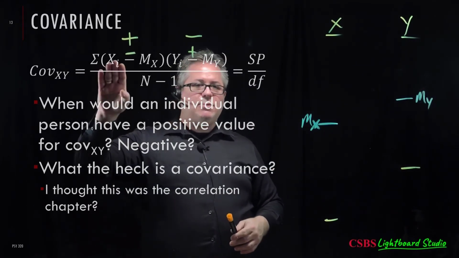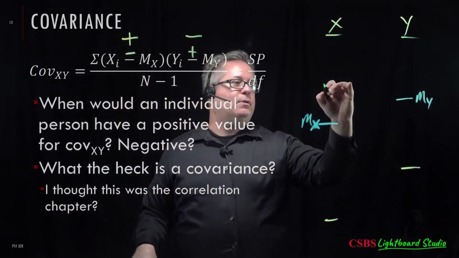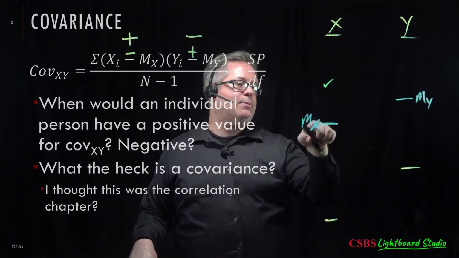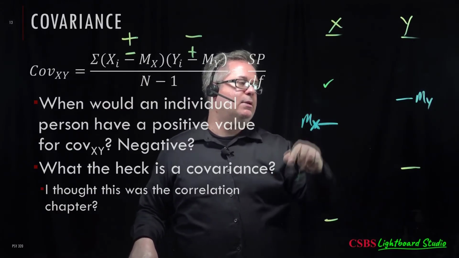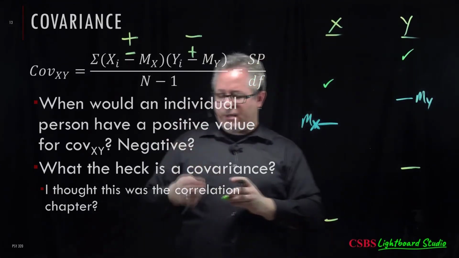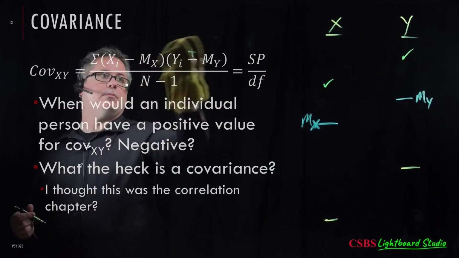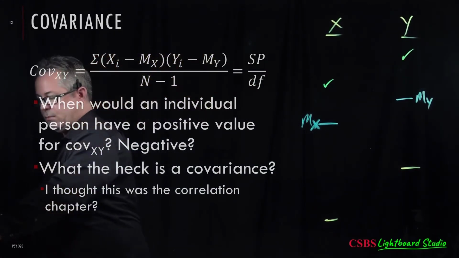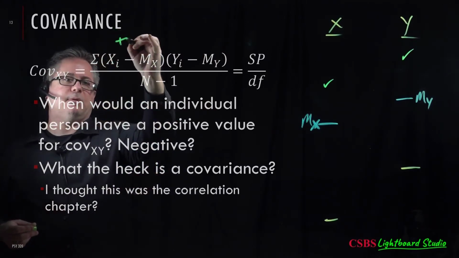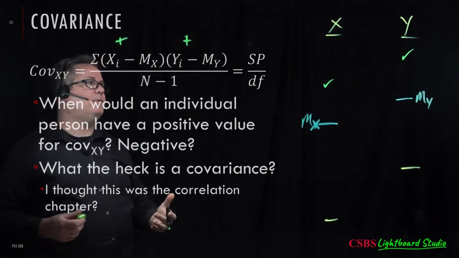So in thinking about these being positive or negative, let's say my score is here. Okay, there I am. And if my score on x is above the mean on x, and it's also above the mean on y, I'm going to get a positive here and a positive there. All right? Make sense?